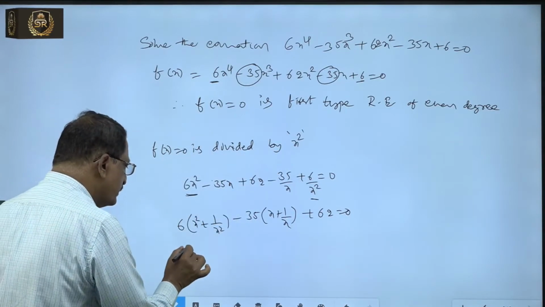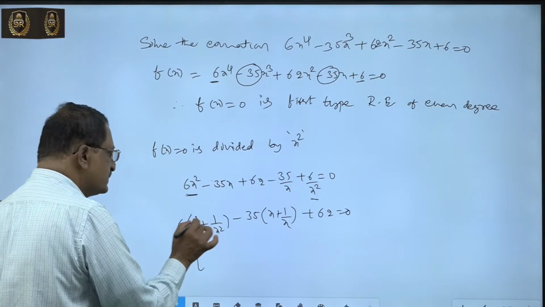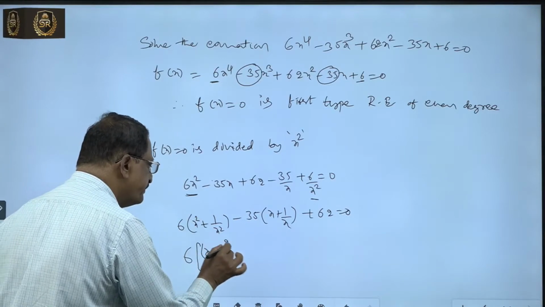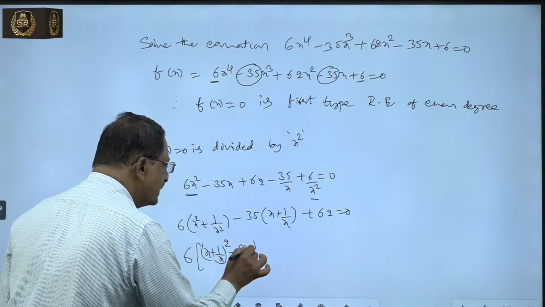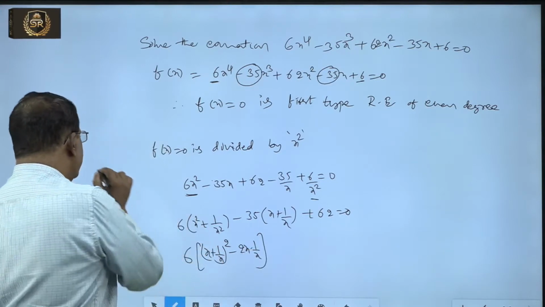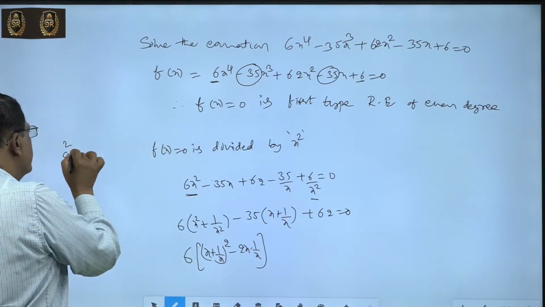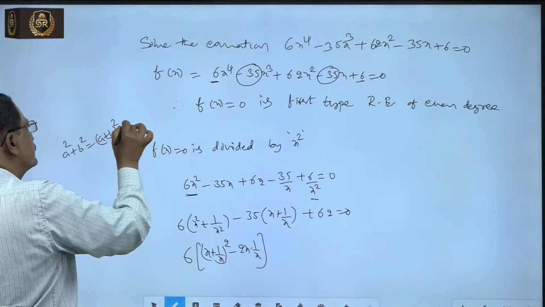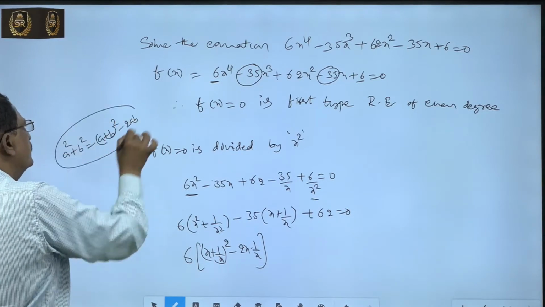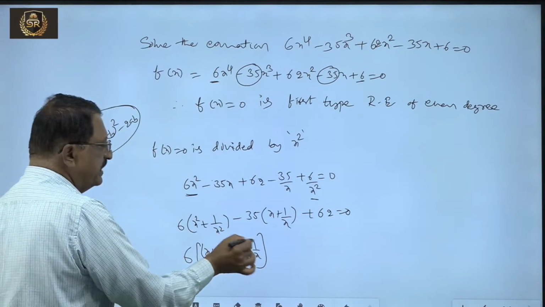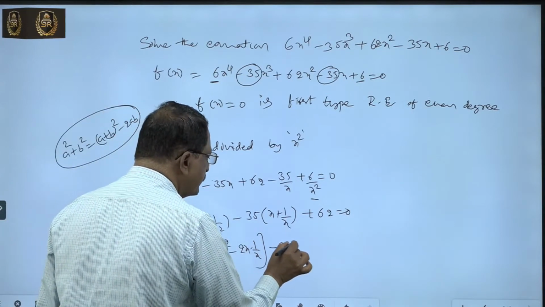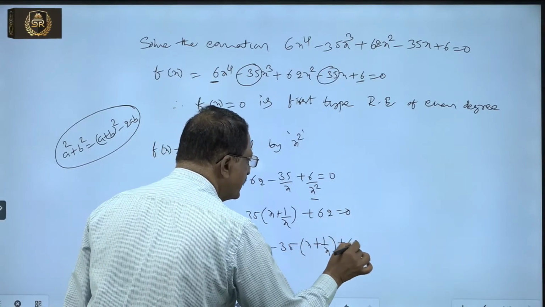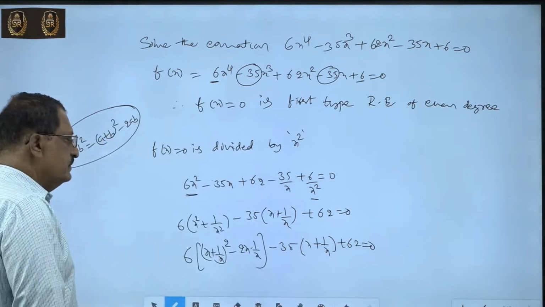Now, we get 6 of x square plus 1 by x square, which equals x plus 1 by x whole square minus 2 times x into 1 by x, because a square plus b square equals a plus b whole square minus 2ab. Minus 35 of x plus 1 by x plus 62 equals 0.